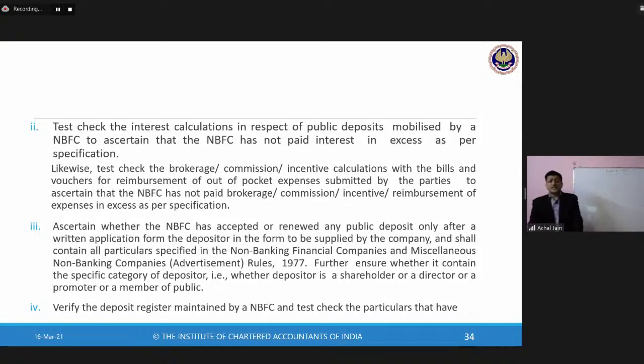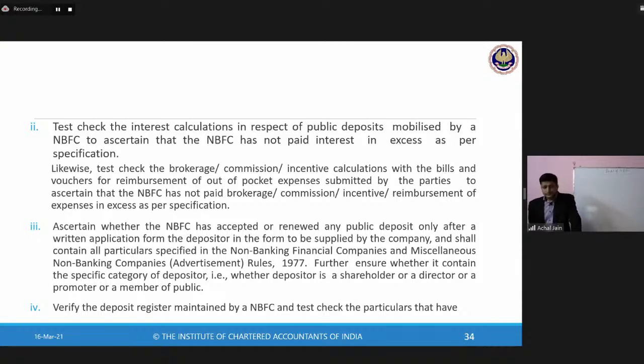For an NBFC, if we look at their financial statements, what will be the most important item? All of these loans and advances which the NBFC would have given happen to be the most important item in the financial statements of the NBFC.